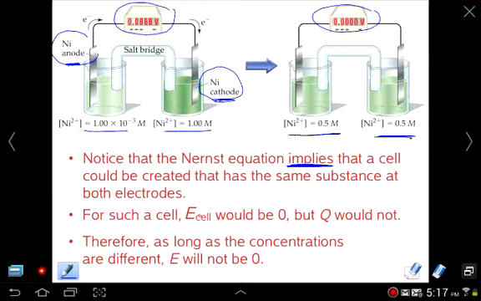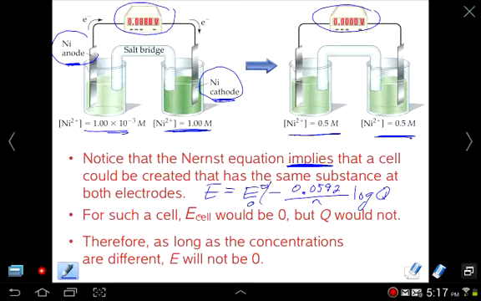So for a cell in which the concentrations are different, based on the Nernst equation, which again is E equals E naught minus 0.0592 over n times log of Q, what happens is this guy, E naught, is 0 because you've got the same substance, cathode minus anode, same number gives you 0.